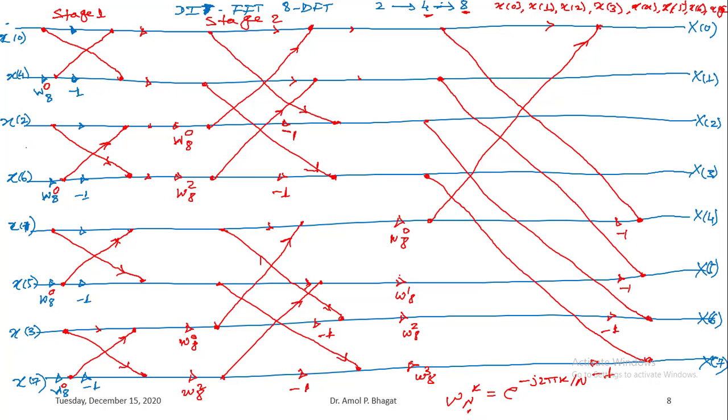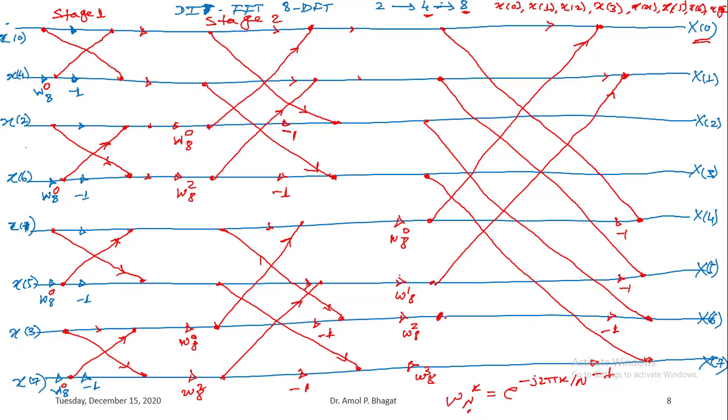Here the final value of x of 0, the DFT sample value, you will get at this point. Similarly here you will get the x of 1 value at this point. Whatever outputs are coming here will be applied here.